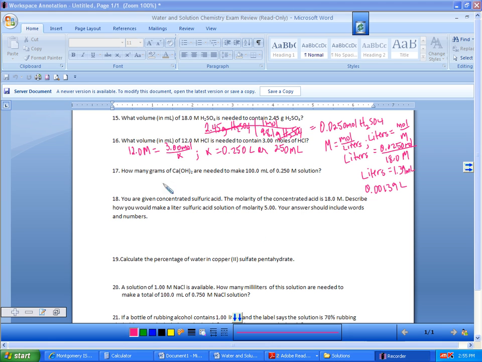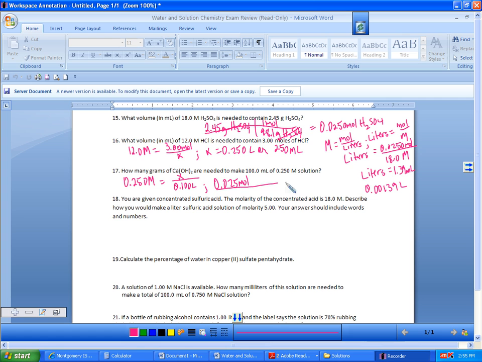Okay, number 17 says how many grams of calcium hydroxide are needed to make 100 milliliters of a 0.0250 molar solution. So I said, well, 0.250 molarity is equal to X moles over 100 milliliters is 0.100 liters. So I multiplied 0.100 times 0.25, and when I did that, I got 0.025 moles.